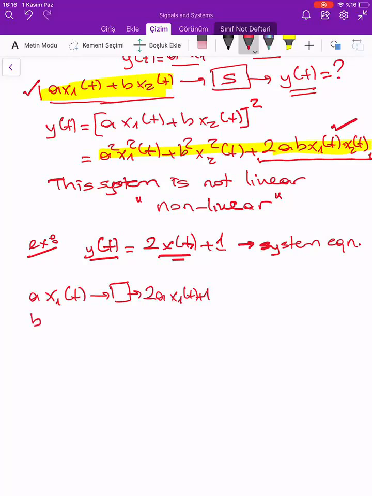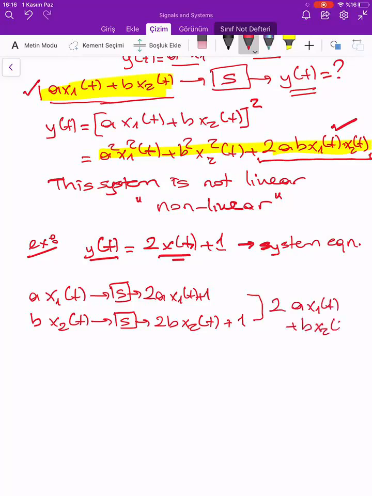If my input is b x2 of t, I give it to my system, the output is 2b x2 of t plus 1, okay? If I add these two, 2a x1 of t plus 2b x2 of t plus 2, right?